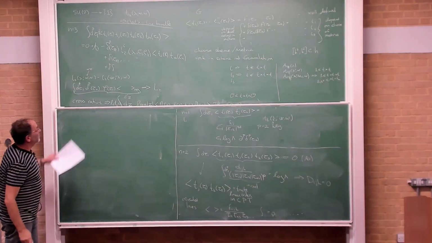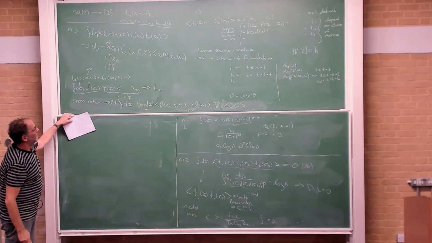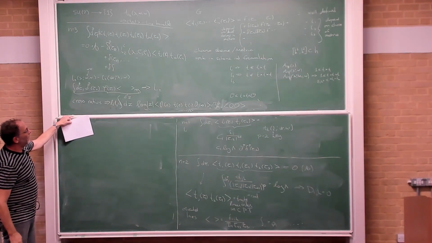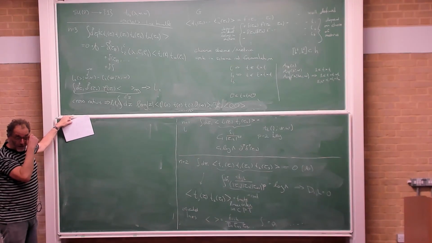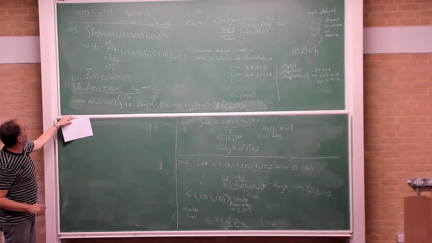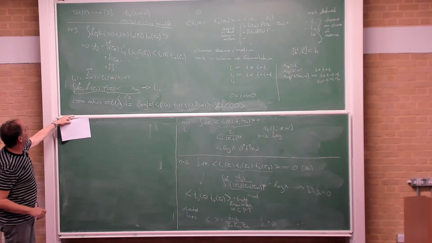But that's essentially correct. And if you really want to know what happens with 4 tilts, you need to take all of them on top of each other. And for that, you need a different measure.